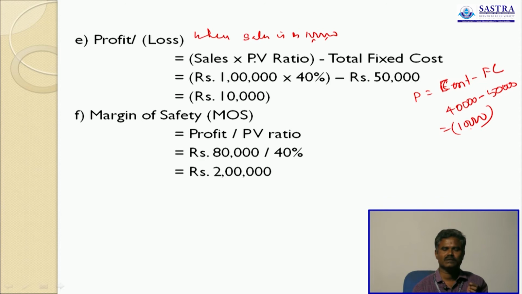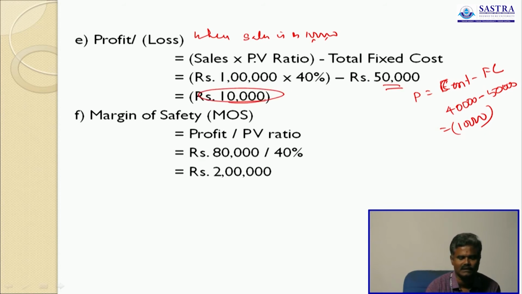So here contribution is one of the key factors. Whenever you are going to take a managerial decision, the contribution will help you to take positive and relevant decisions of a company. So here 1 lakh minus 1 lakh into 40 percentage is 40,000 minus 50,000. Here the answer is loss.